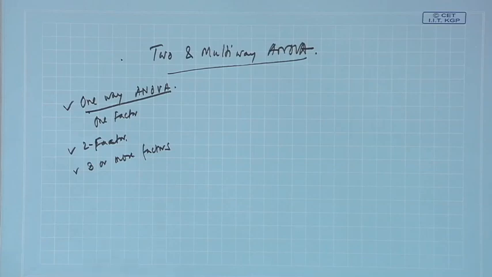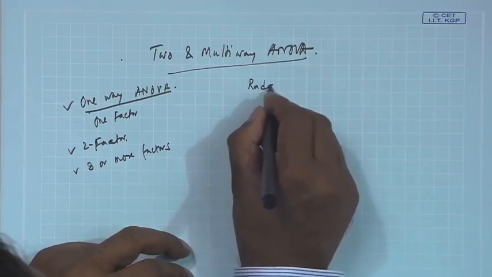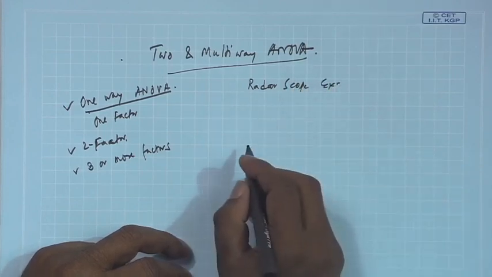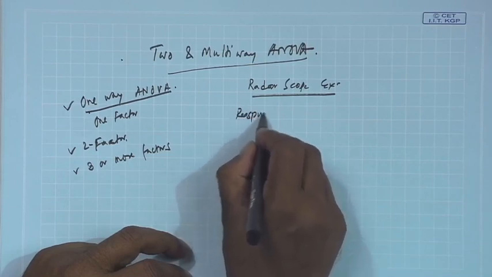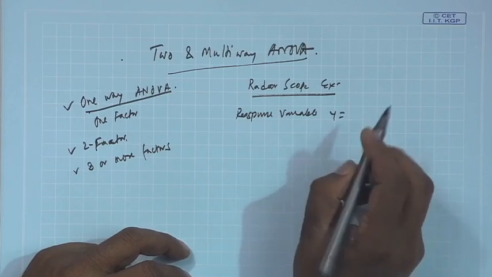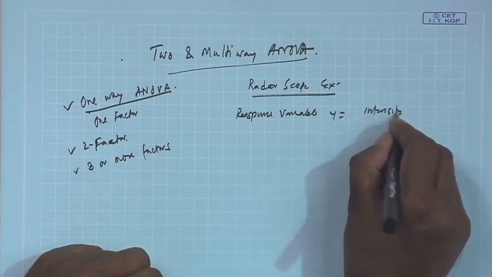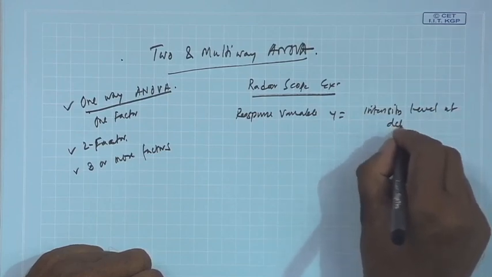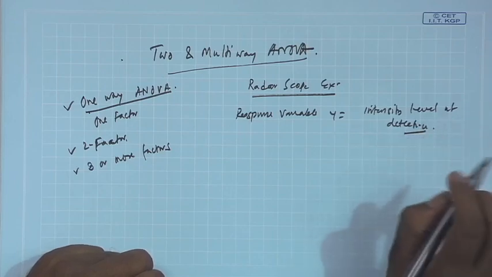So, what is two-way? If you consider the radar scope example, the response variable y is the intensity level at detection of targets.